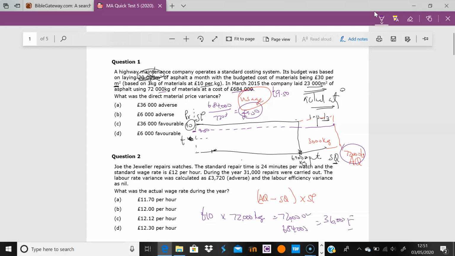Or I could do it the other way: I should have spent £10 a kilogram, but I spent £9.50. That's a 50p saving on 72,000 kilograms, which comes to 36,000 as well.